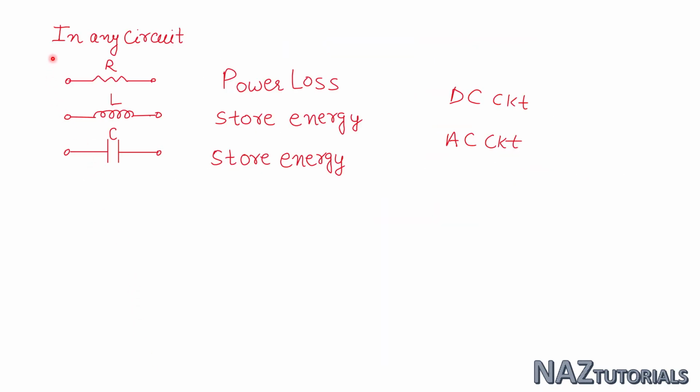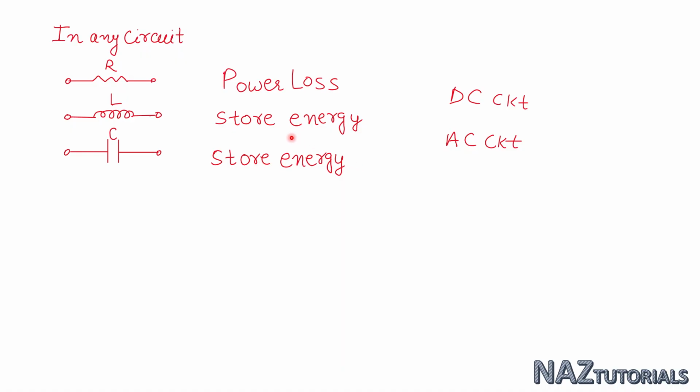In any circuit, we see three basic elements: resistor, inductor and capacitor. Here we consider pure inductor and pure capacitor. In a pure resistor, the supplied energy is transferred in terms of power loss, in a pure inductor the supplied energy is stored in a magnetic field, and in a capacitor the supplied energy is stored in an electric field.